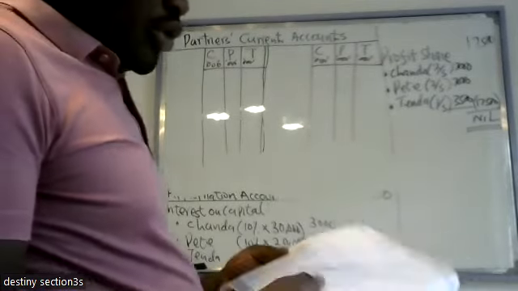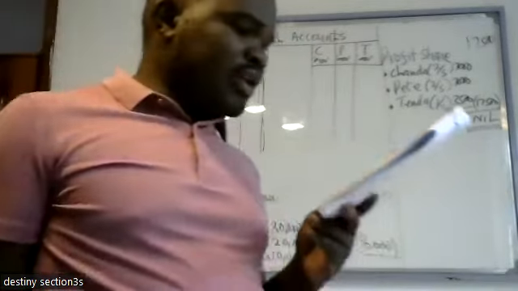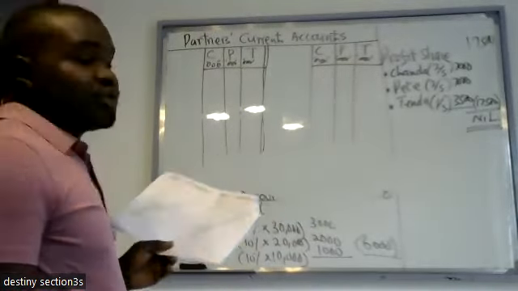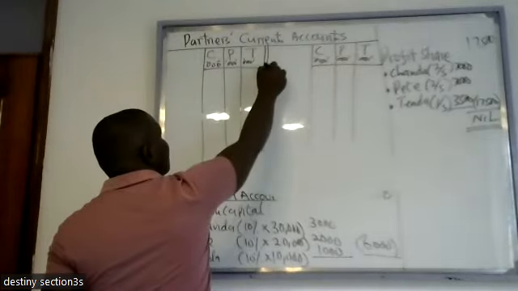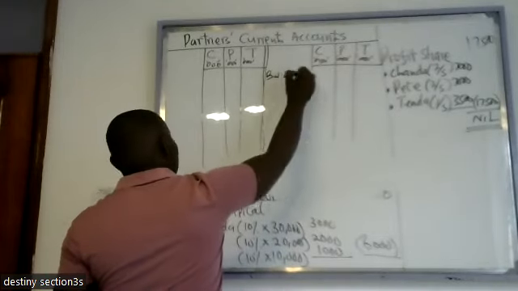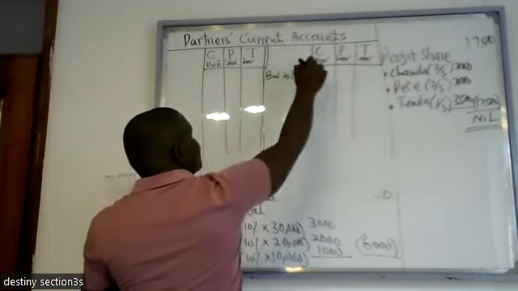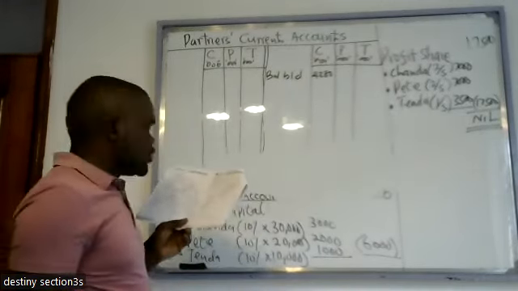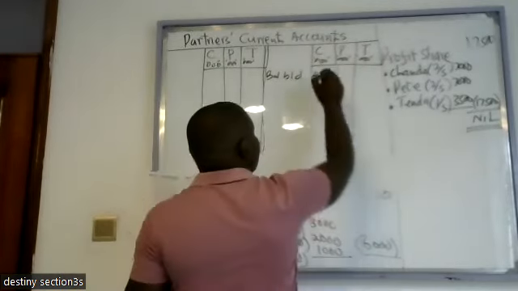So current accounts, go to the trial balance. Current accounts, all of them on the credits. So balance brought down: 4280. I hope you are seeing those figures there. 3560.